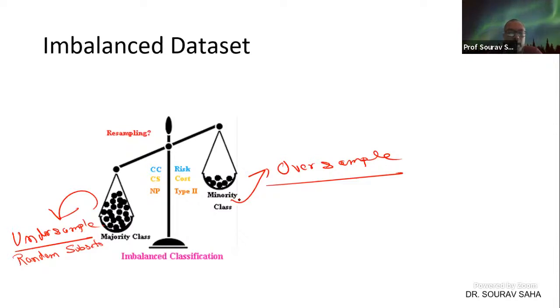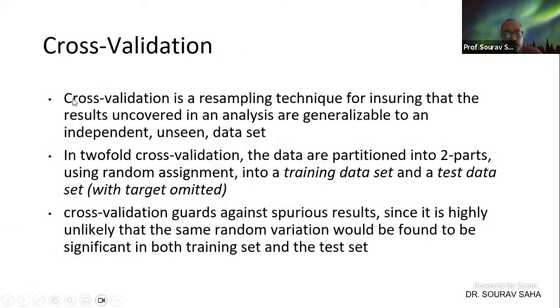For the minority class, you are trying to put this class on a higher pedestal, so you do oversampling, which is sampling with replacement, which means the same points get repeated in the oversampled cases.